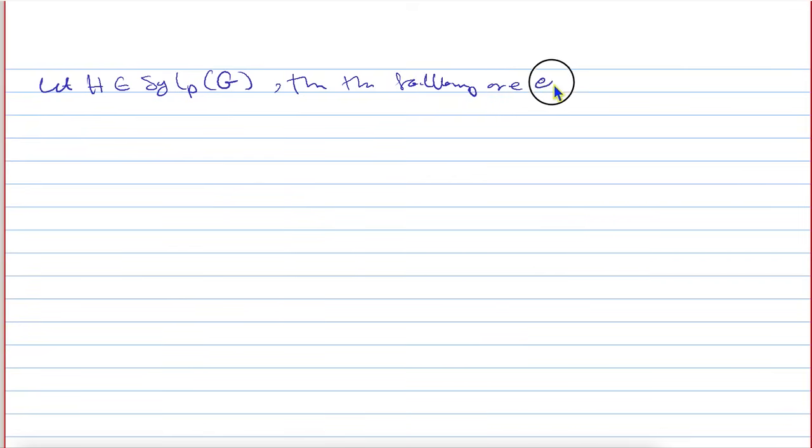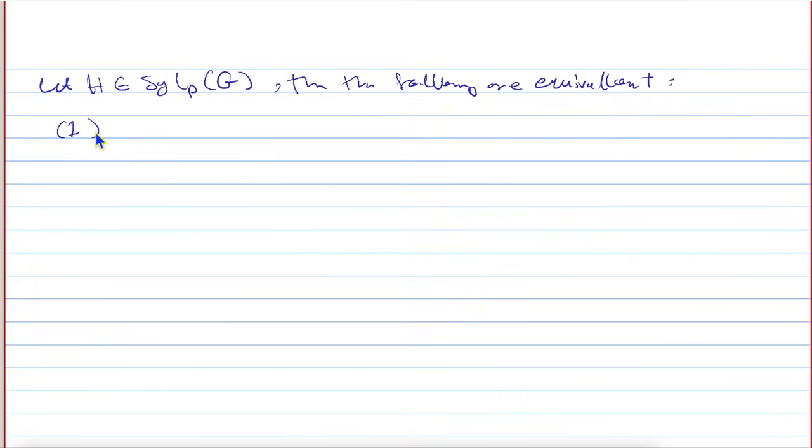Now let's conclude today's recording by taking an immediate result of Sylow's theorems. If H is a Sylow p subgroup, then the following two things are equivalent.